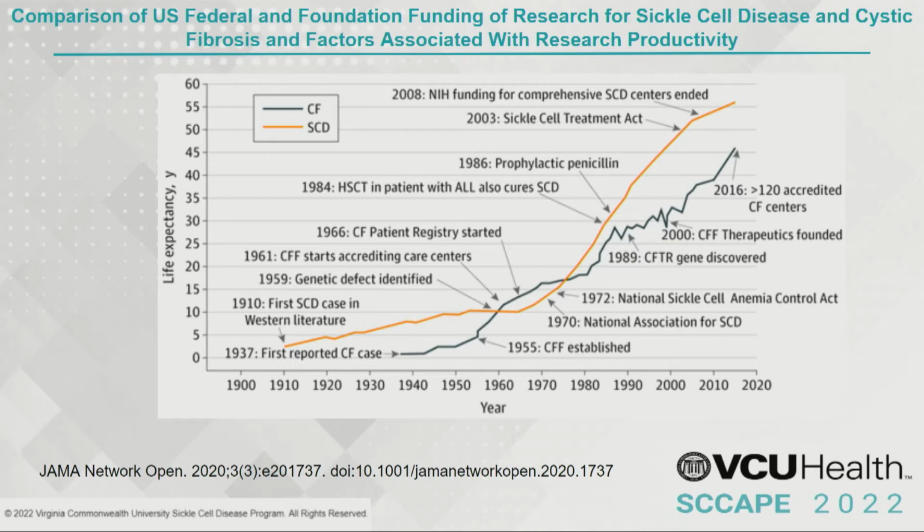But when you start to look at the funding and the development of cystic fibrosis centers in the US, you see that those milestones happened a lot faster than with sickle cell disease.